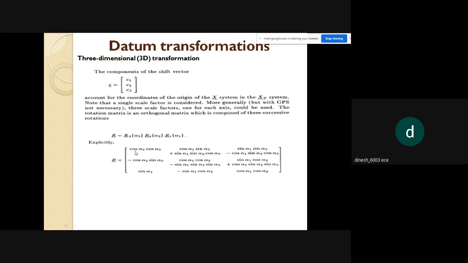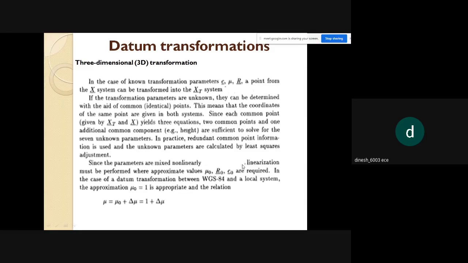On expansion, you get a matrix with elements r11, r12, r13, r21, r22, r23, r31, r32, r33. These three-dimensional representations are unknown parameters, and they can be identified by common points.